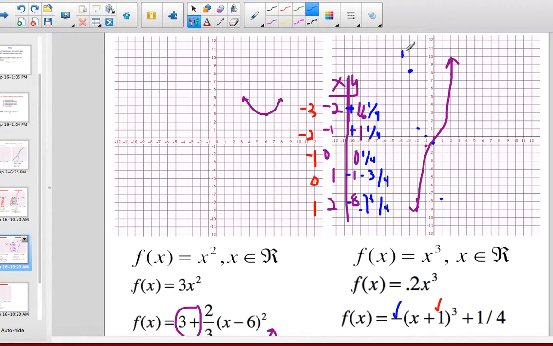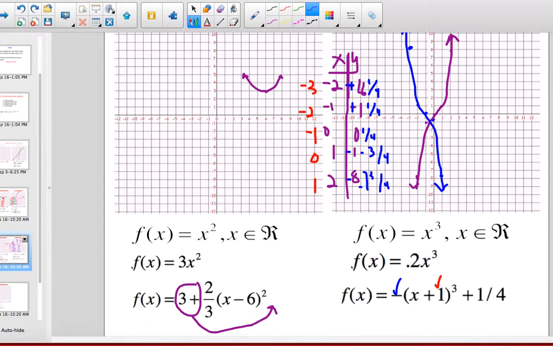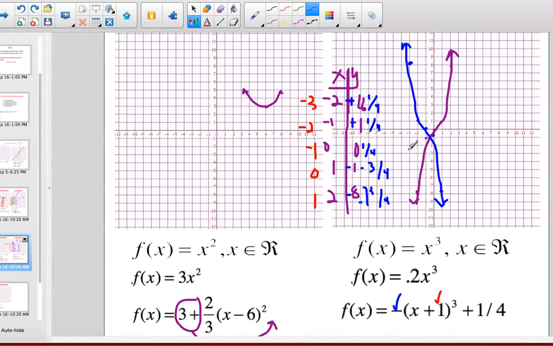So again, you'll notice you keep the same shape. It's still definitely a cubic function. That will never change. It's just a matter of where it's going. So here there was no shrinks or stretches, so it should be exactly the same width as the purple one, in which it is.